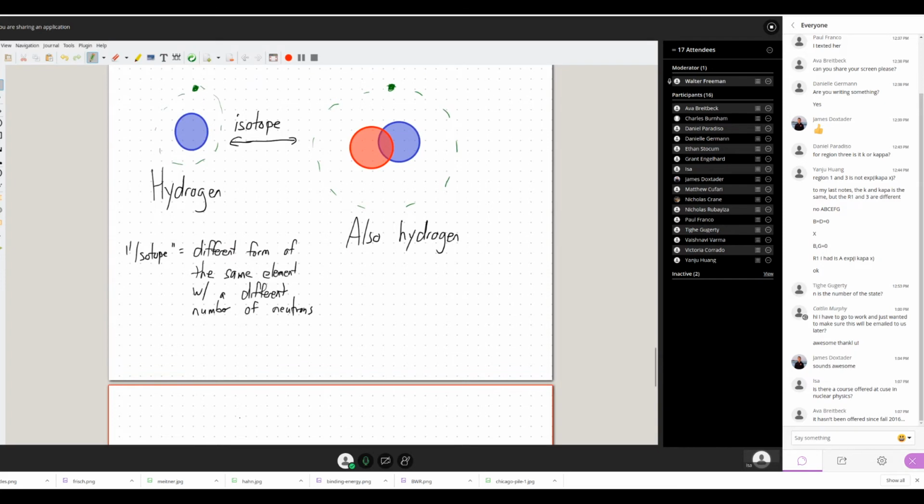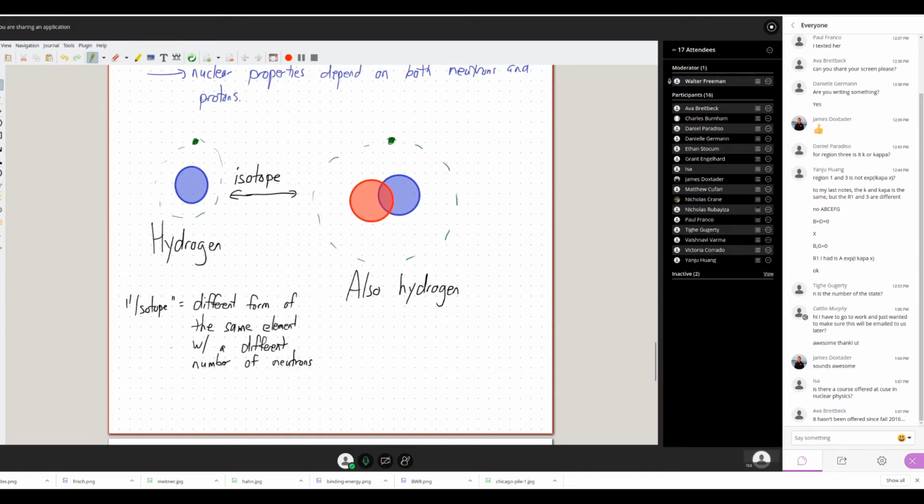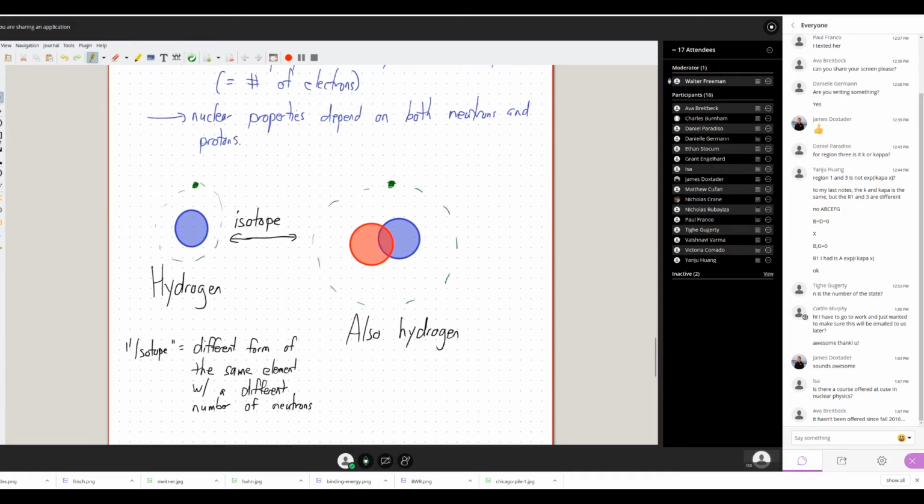It has different chemistry. So different isotopes have the same chemical properties but different nuclear properties. The way that we name these is with another number. So this one here we would call hydrogen-1, and this one here we would call hydrogen-2 because it's got two total things in its nucleus. So that number is the total number of protons and neutrons. So now you know how to name nuclei.